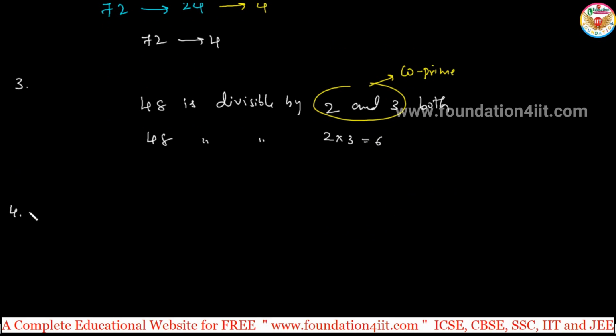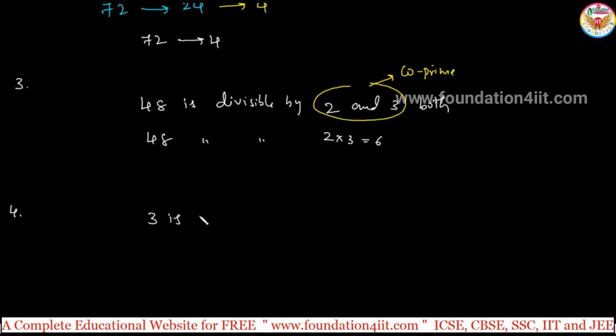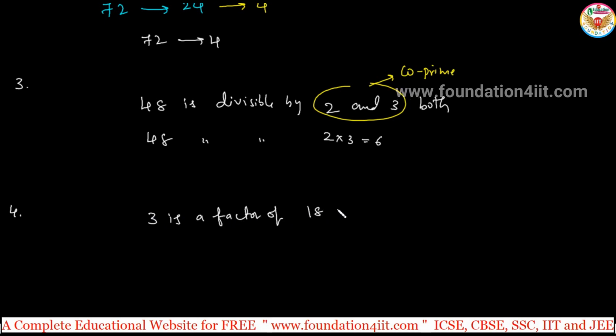And next one. If a number is a factor of each of the two given numbers, then it is a factor of their sum also. Say for example, 3 is a factor of 18 and 24. So 3 is a factor of 18 and 3 is a factor of 24.